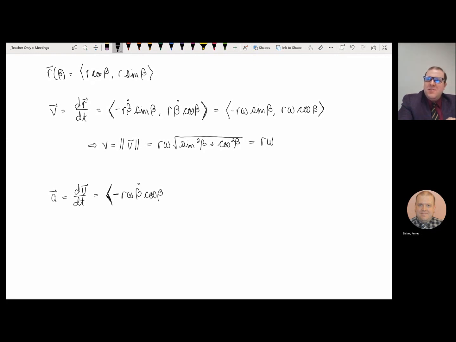Where'd you get the cosine squared from? You're really overcomplicating this. What does the product rule say? Right, so if you take the derivative of f times g, what is that derivative?